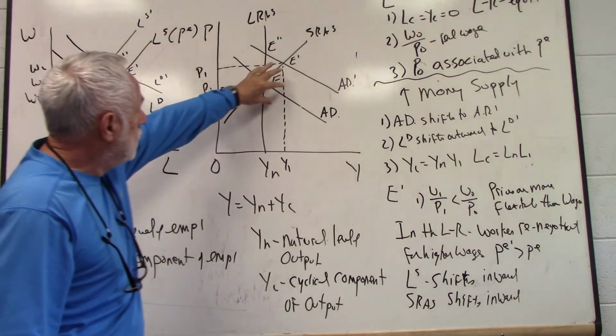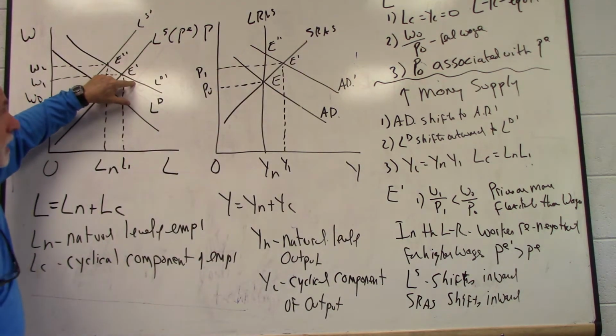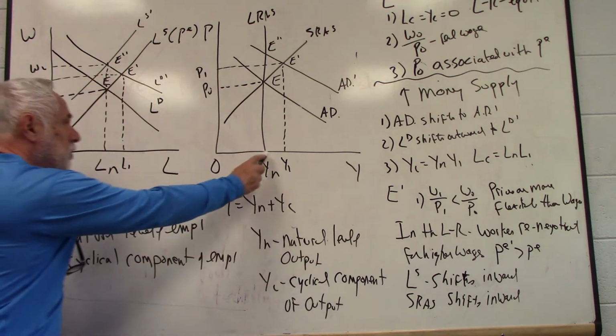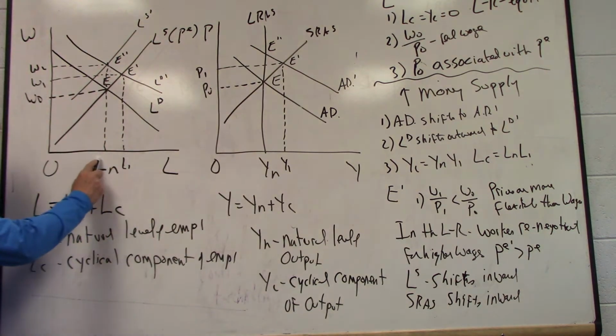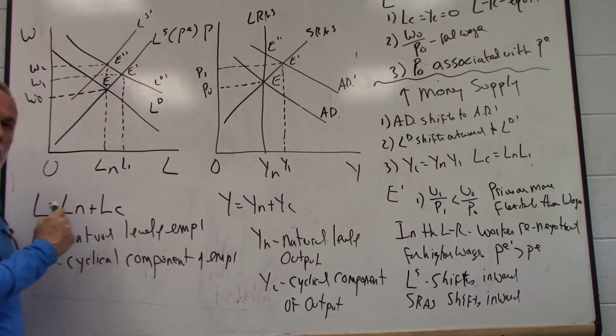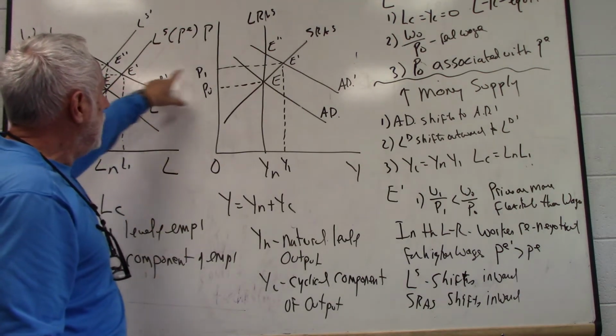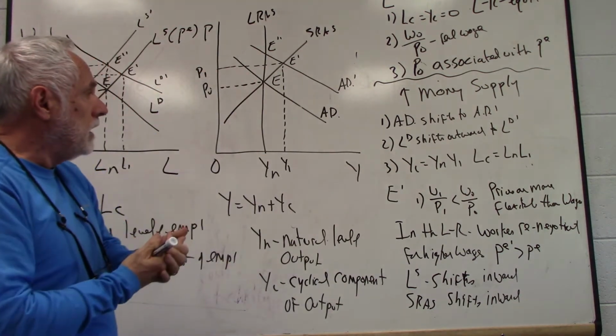So as this curve is shifting outward, LD shifts outward to LD prime, to imply that if you're producing more output, you've got to hire more workers. So what we're saying now is employment rises from Ln to L1. Okay? And then we're at E prime here and E prime there, which represent the same idea.